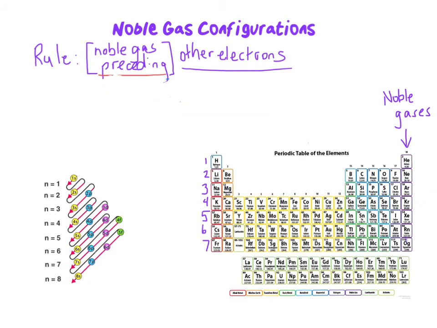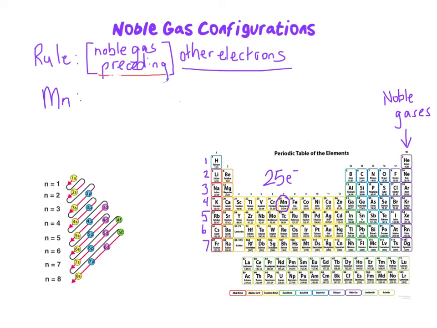Let's try one more to see if you're getting it. We're going to try manganese, which is Mn, and it's found right here. It's number 25, which means we have 25 electrons that need to be configured. So first question, what is the noble gas that is preceding?